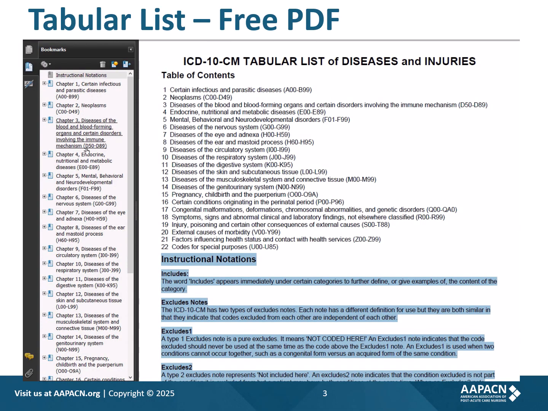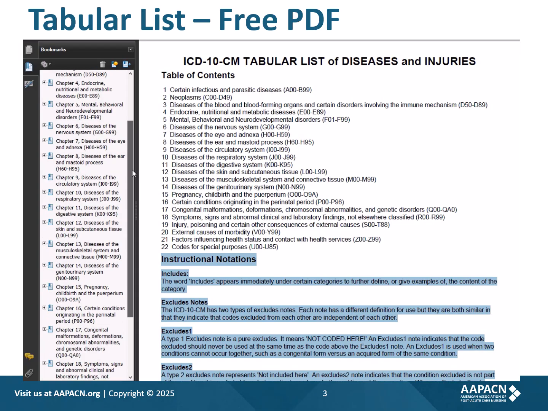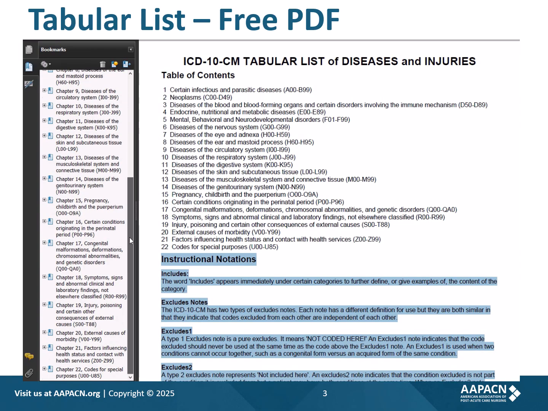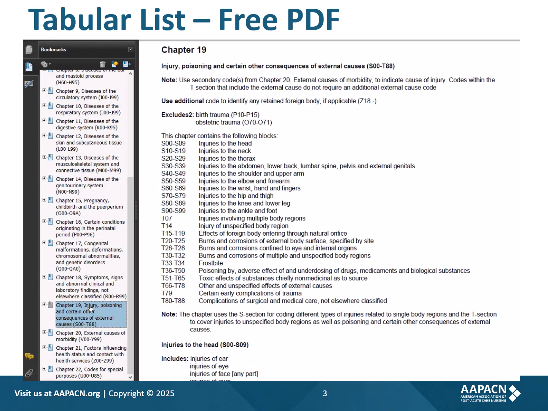Using the bookmarks here on the left-hand side, you can click right to the chapter that you need to go to. So we are using chapter 19, which is where we're going to start for our infected knee prosthesis complication. At the beginning of the chapter, you will find some additional information or notes about the specific chapter.